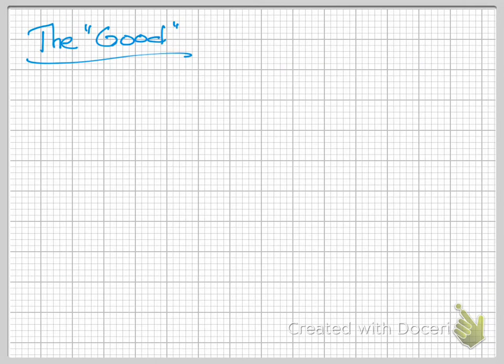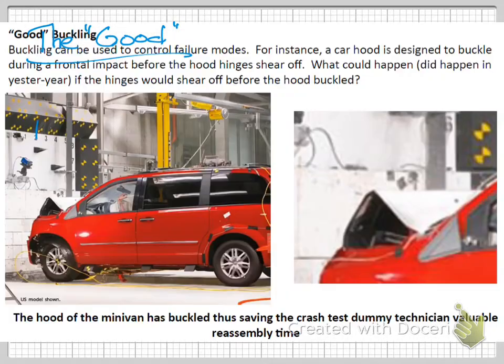On the other side, we can look at what could be termed as the good, or using buckling in engineering situations in design for the purpose of saving lives. Buckling can be used to control the failure mode. Okay, so in this case, the car hood is designed to buckle during a frontal impact before the hood hinges shear off.